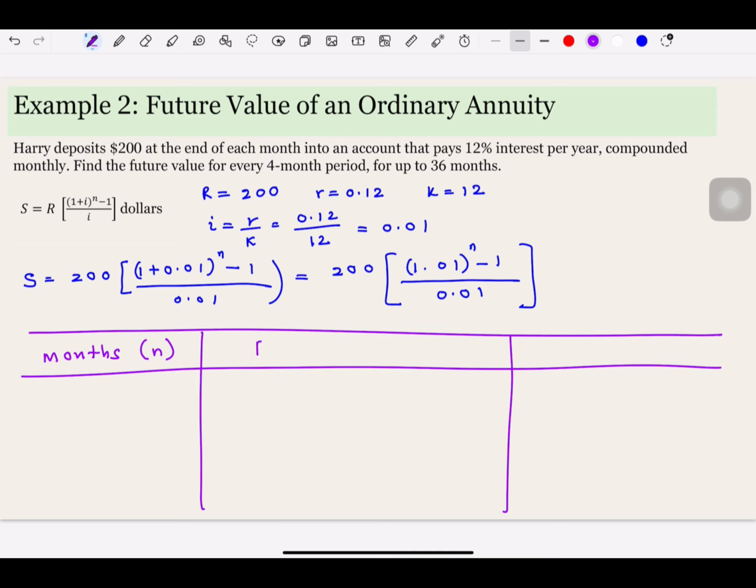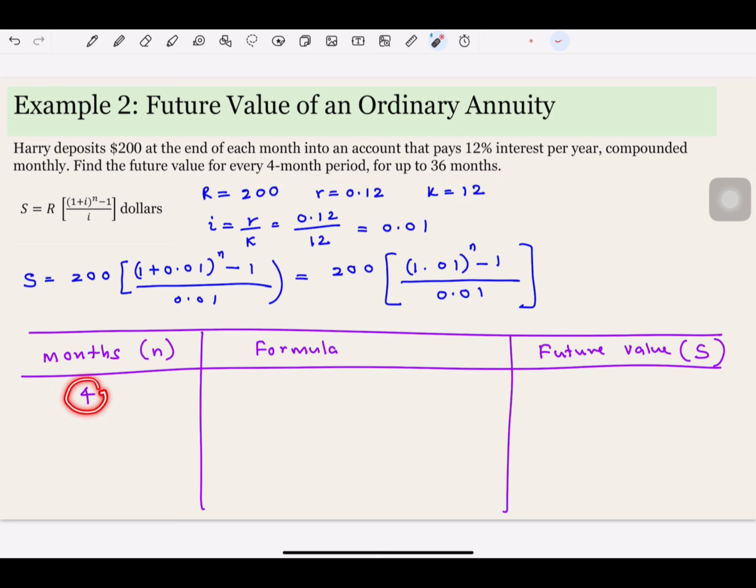And then let me write here the formula. And here you'll have your future value, which is S. Okay, so now let's try first with 4 months. So you have to calculate the future values starting with 4 months up to 36 months.